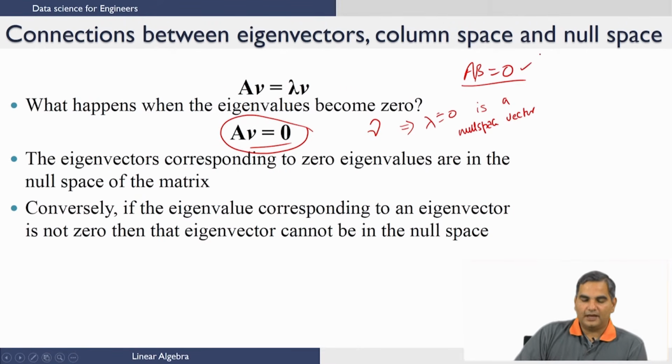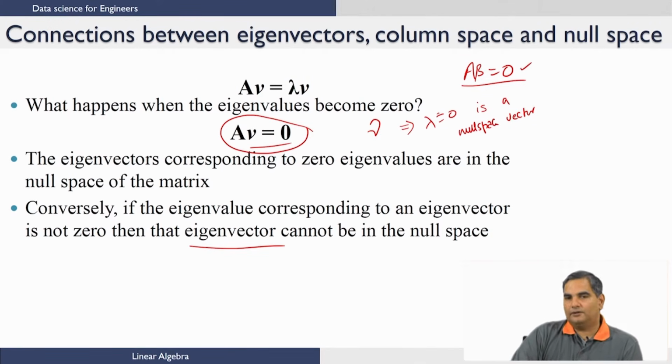So, we could say the eigenvectors corresponding to 0 eigenvalues are in the null space of the original matrix A. Conversely, if the eigenvalue corresponding to an eigenvector is not 0, then that eigenvector cannot be in the null space of A. So, these are important results that we need to know. So, this is how eigenvectors are connected to null space.